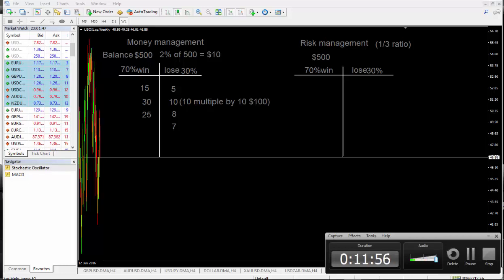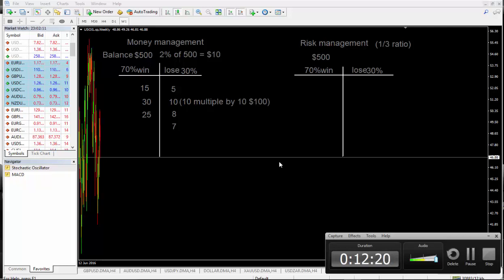Risk management, okay, it's quite simple. Risk management goes hand in hand with money management, right? Remember earlier on when I said to you guys 2%, that you are willing to lose of $500, which is about $10?